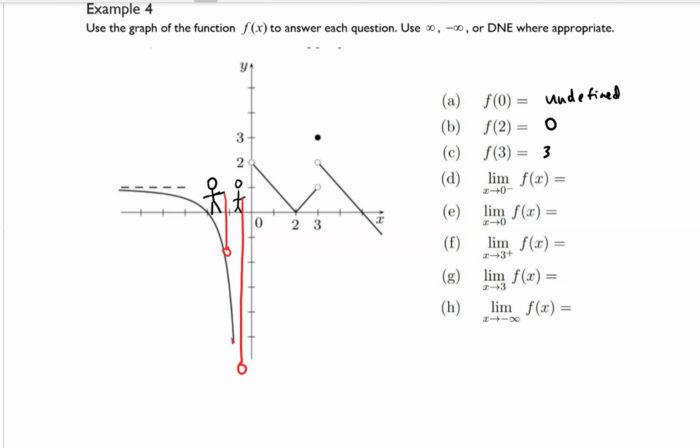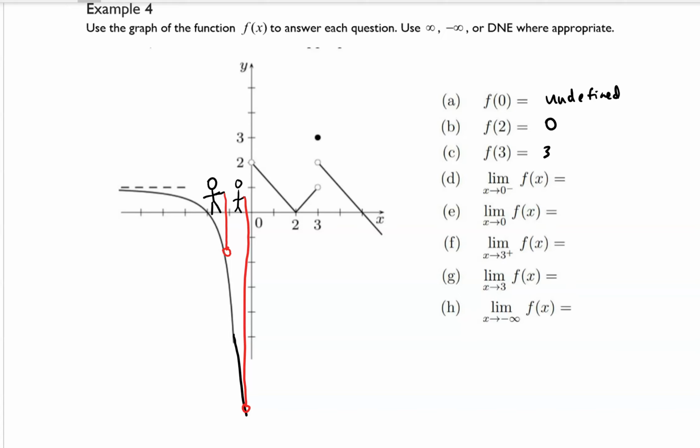You can't see the graph, but the graph continues on forever in this direction. So maybe let me draw this. It's going to look something like that. So our yo-yo is down here. How do we denote that as far as computing the limit? Well, it turns out that the limit does not exist because it's not approaching some finite number.